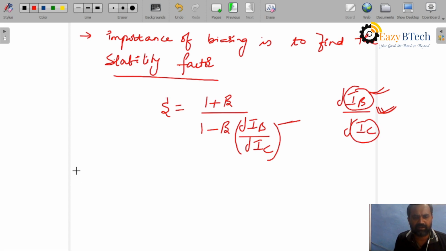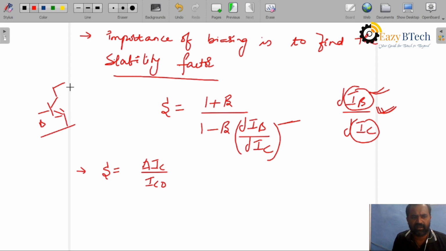Okay, what is the stability factor? Stability factor is nothing but change in IC with respect to the IC naught. It means the output collector current. Suppose it is a common emitter configuration. For a common emitter configuration, you can see here the base is the input, collector is the output terminal.